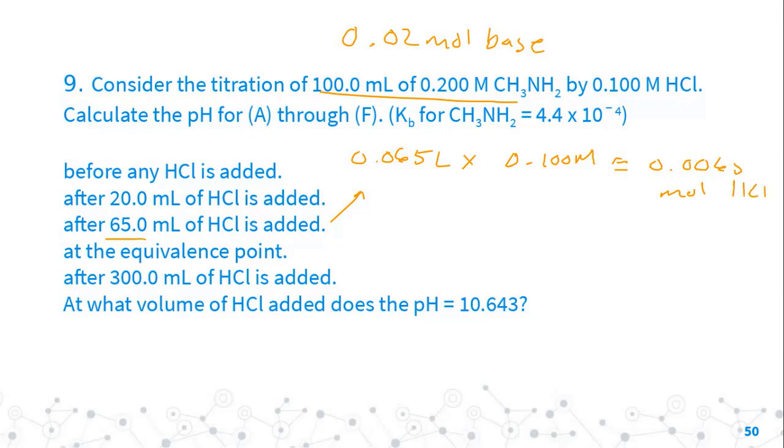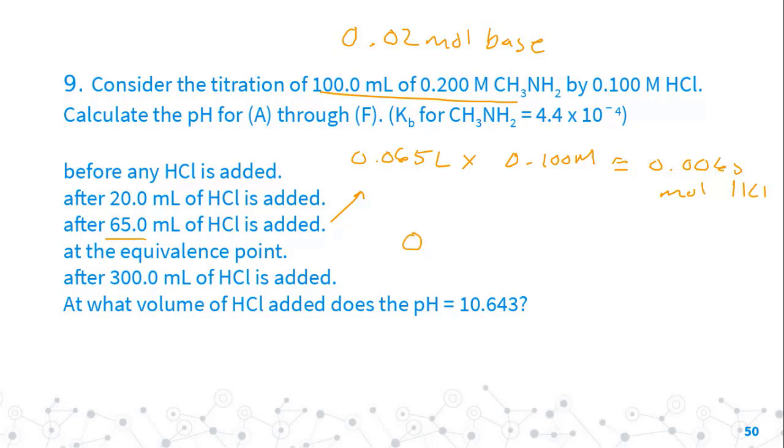All right, so with that many moles of HCl, we can go ahead and compare them. It looks like we have more moles of base than moles of HCl. My pointer froze. So that means we'll run out of the strong acid first. And let's see here, how much do we got?